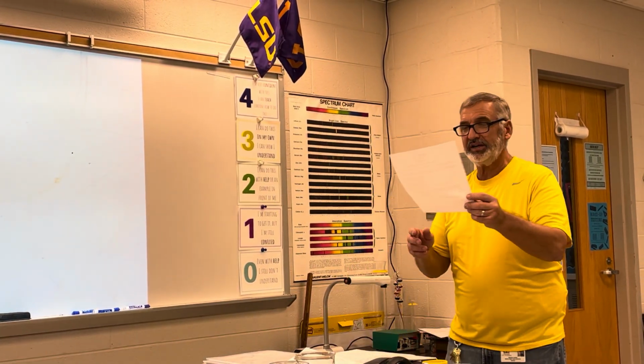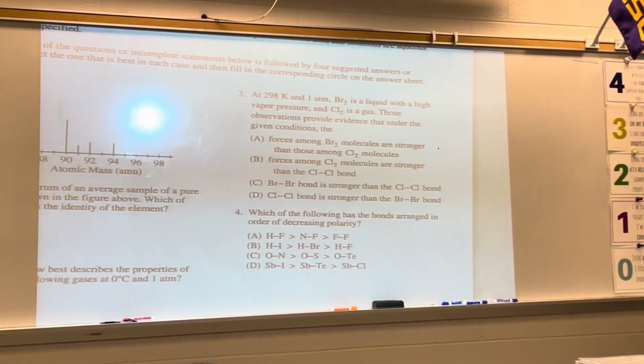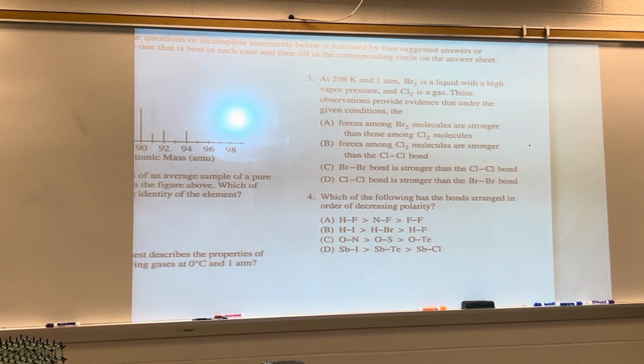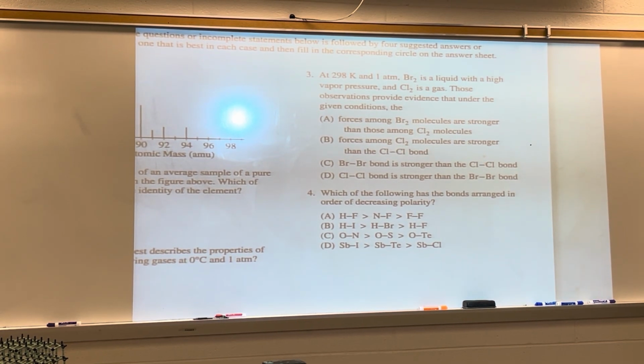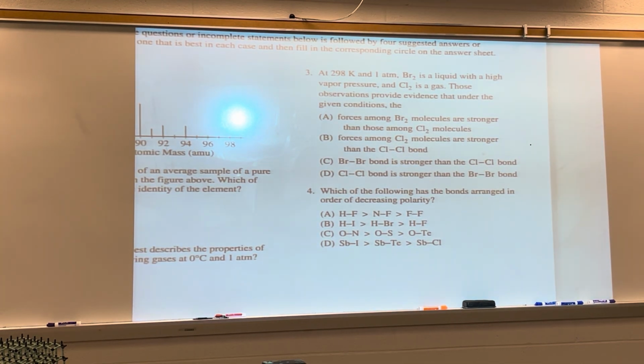Here's an old AP question. Here are two multiple choice questions, 3 and 4. Take a second. You don't have to write them down anywhere, but just take a second and answer these. Number 3 and number 4. Pick an answer for both of them.